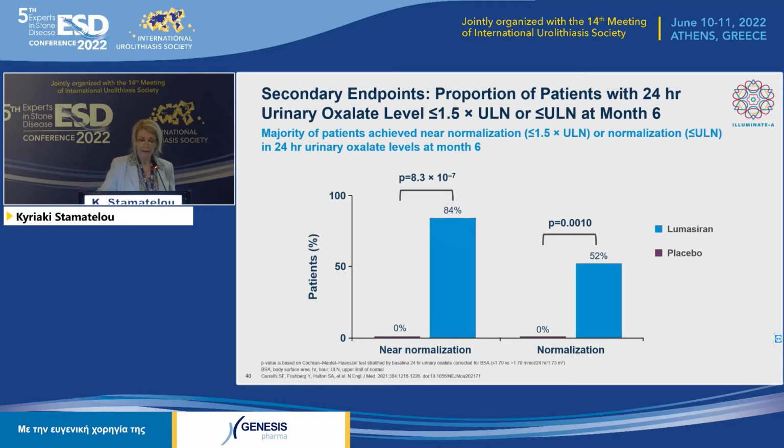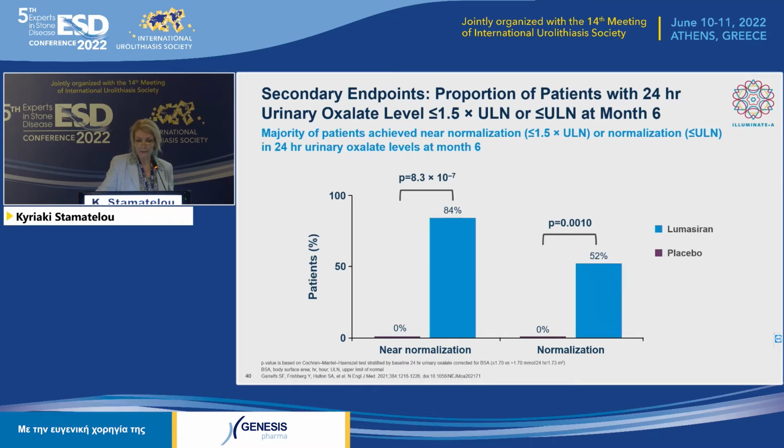And this is a very interesting secondary endpoint: the proportion of patients with 24-hour urinary oxalate at or below the upper limit of normal, and lower than 1.5 times the upper limit of normal. So it's practically the patients who normalized or nearly normalized their urinary oxalate.